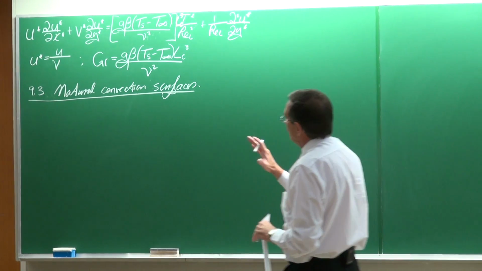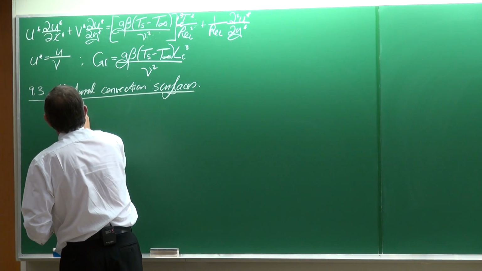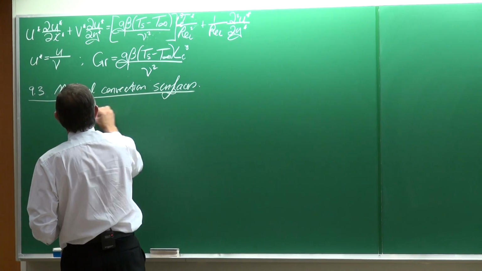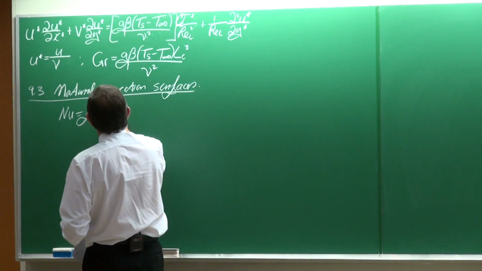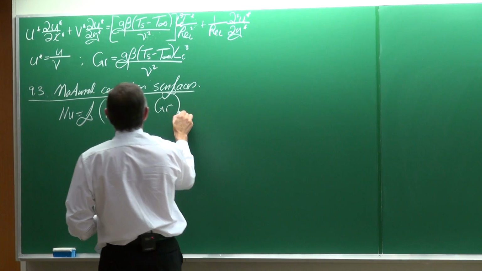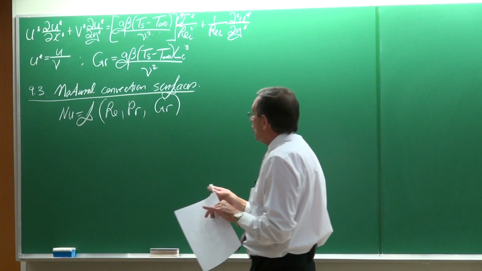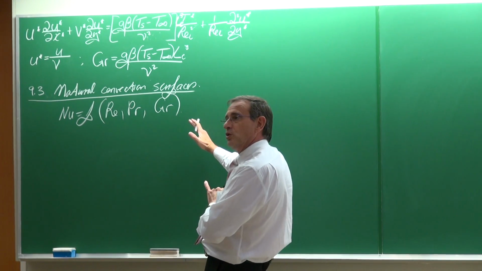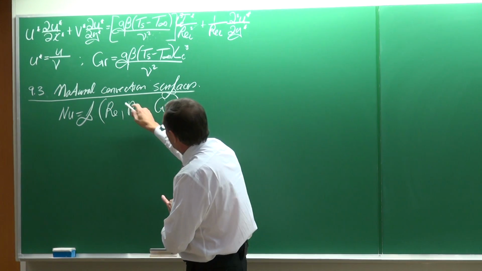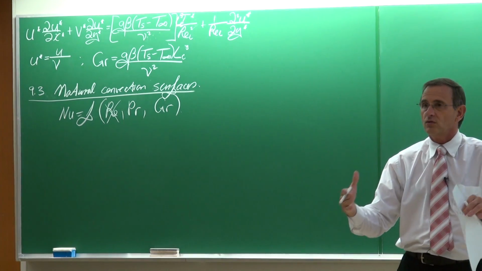So natural convection on surfaces is all about the fact that the Nusselt number, as I've mentioned to you in the beginning, is always a function of the Reynolds number, the Prandtl number, and the Grashof number. Okay. However, with problems which are really on, let's call it, the extreme of natural convection, there's no Reynolds number, or it is very small.